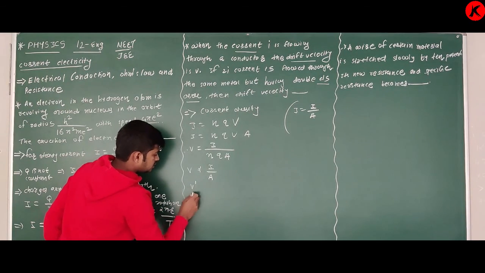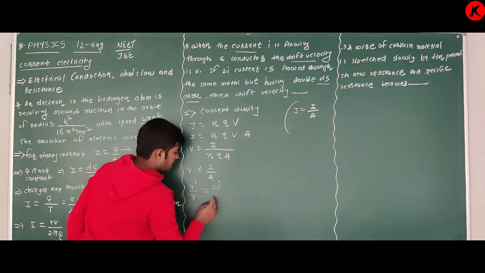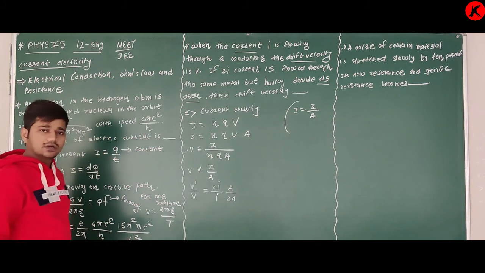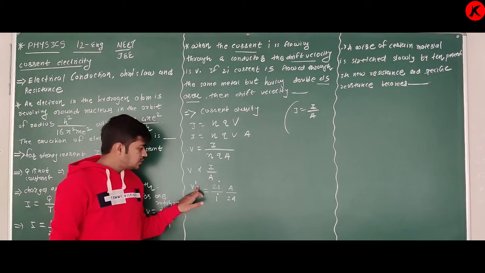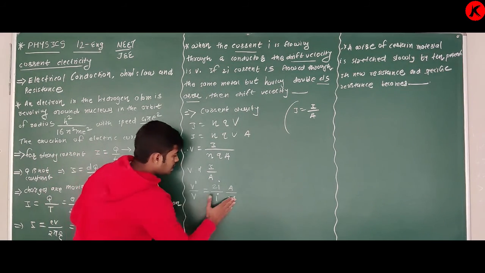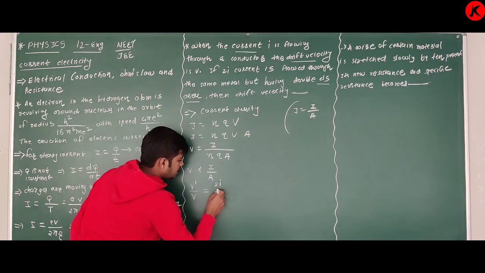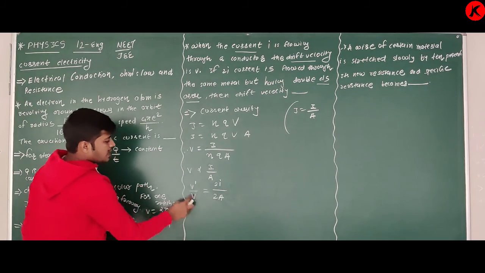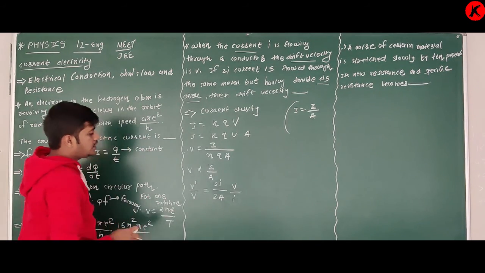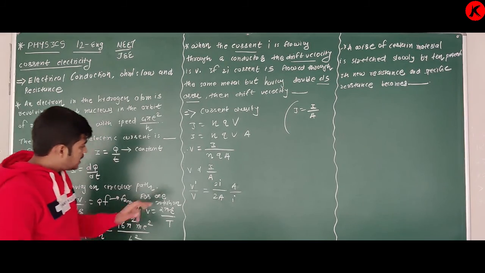V dash upon V is equal to 2I upon 2A, divided by I upon A. V dash means the final condition, and V means the initial condition you are given, where V is proportional to I upon A. Clear about this?